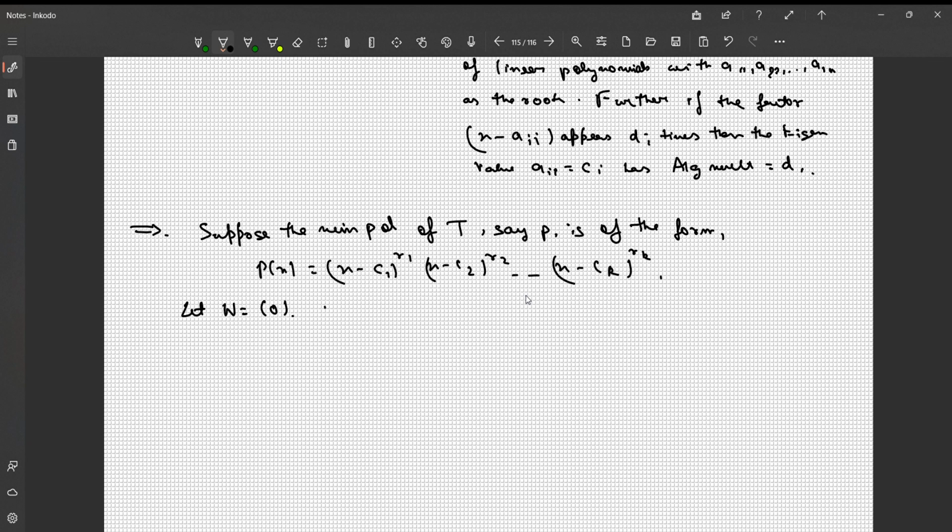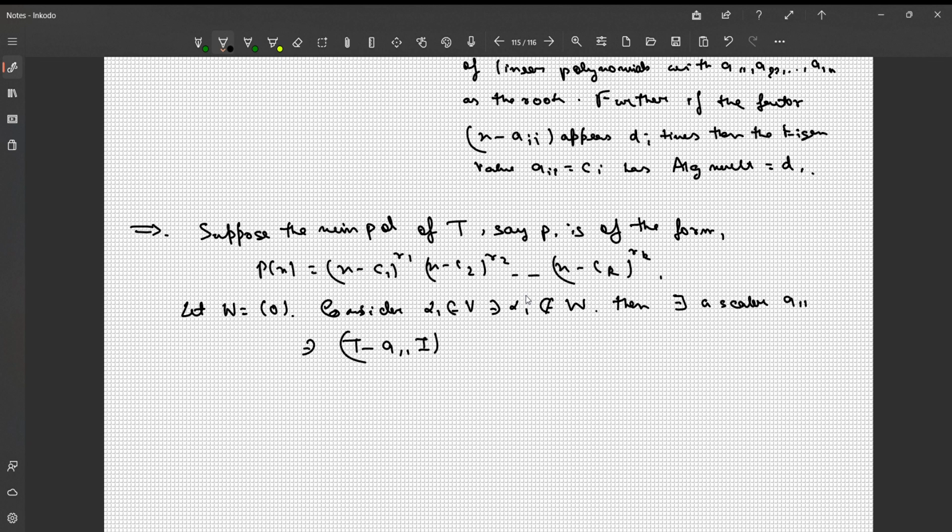What we do is that we use the previous lemma repeatedly. We start with the zero subspace W. Let W be equal to 0, the zero subspace. Consider a vector alpha 1 in V such that it's not in W. Then there exists a scalar a11.